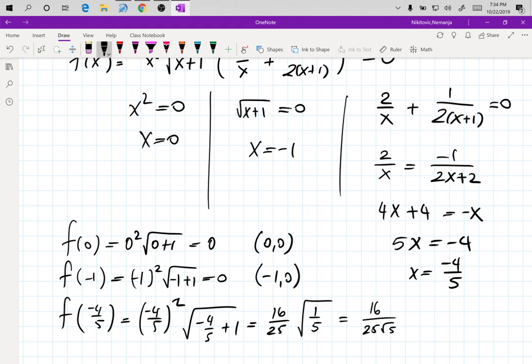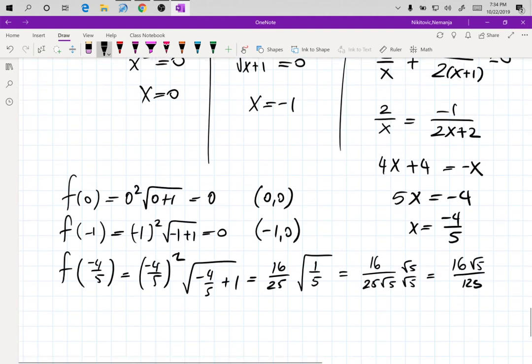Then you rationalize to kill root 5. You get 16 root 5 over 125. And that gives you negative 4/5 and 16 root 5 over 125. There we go. There are 3 critical points, and then we will learn the rest on how to do this. Woohoo! Right?